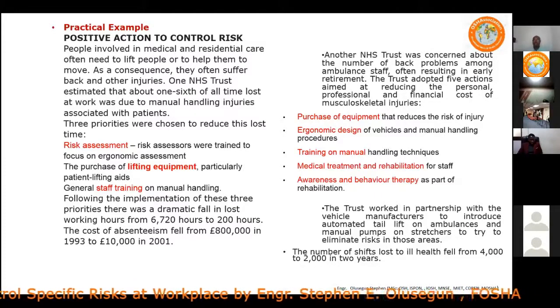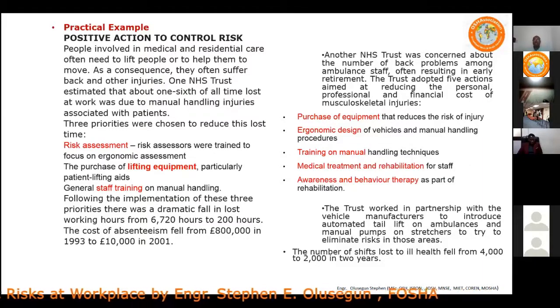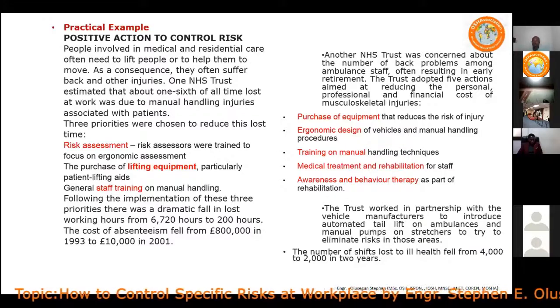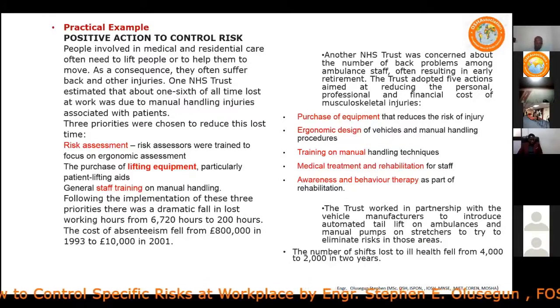The trust adopted 5 actions aimed to reduce the personal injury for this staff, to reduce the cost of MSDs injury. And you realize that what they implemented was purchase of equipment that reduces the risk of injury, ergonomic design of vehicles and manual handling procedure, training on manual handling techniques, medical treatment and rehabilitation of staff, awareness and behavior therapy.